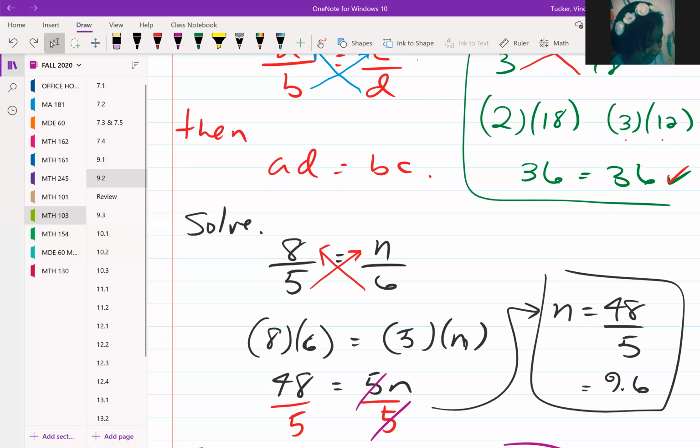And then to solve for n, I would divide both sides by 5. Whatever's sitting in front of your variable, divide that into both sides. And that will be your answer. In this case, 48 over 5 went down to 9.6 if you divide it.